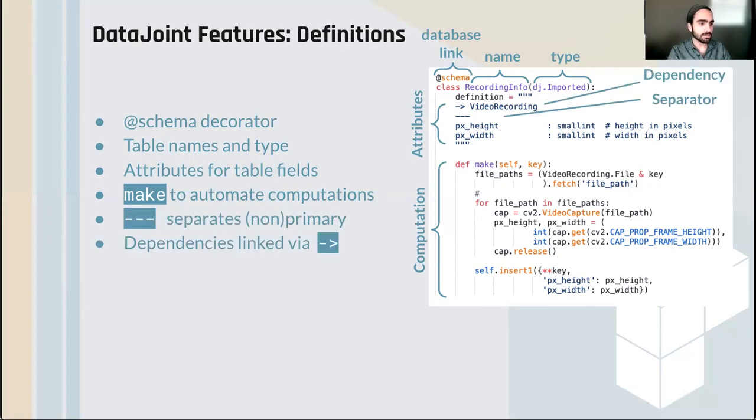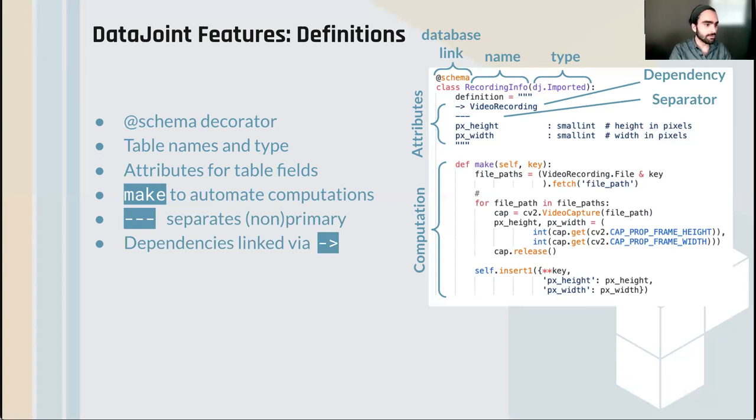The primary keys are the items defined above this hyphen separator. So those are the pieces that are required to uniquely identify one entry in the table. The non-primary keys below that are still important information, but may not uniquely identify an entry.